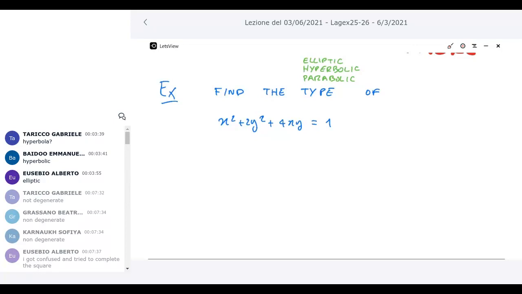How do we decide? Well, the quickest way is to produce the matrix A, which we also call A22, right? So it is 1, 2, 2, 2. That's the associated matrix to the quadratic form. And then what do we do? Well, we have to look for the character of definition.